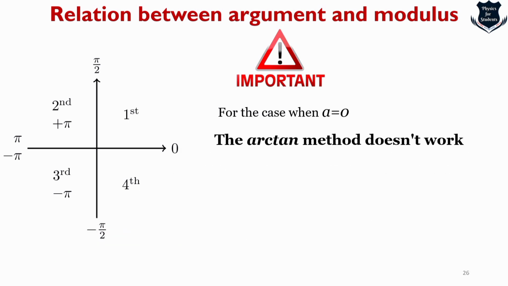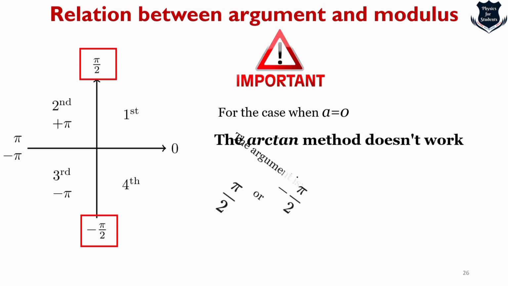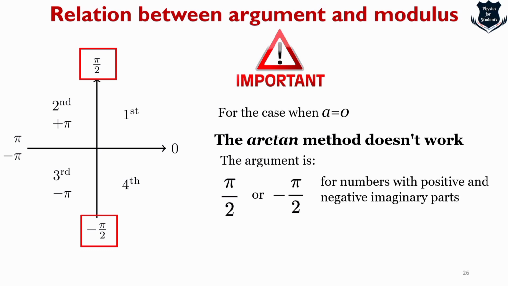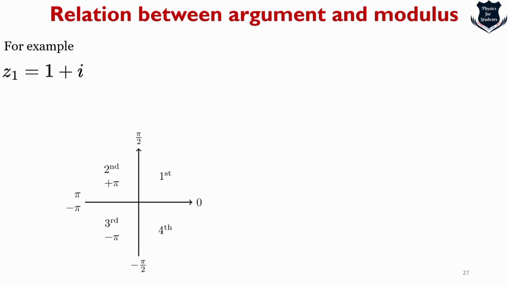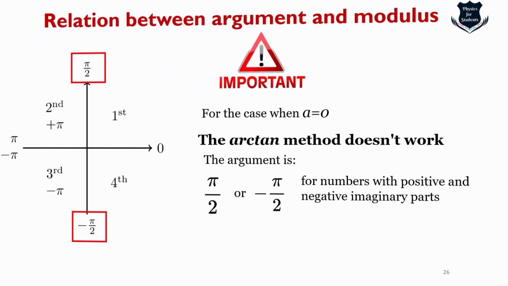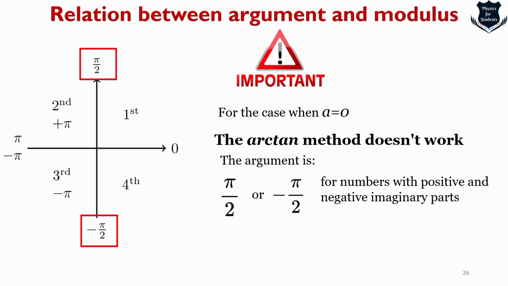The argument should be pi by 2 or minus pi by 2, for numbers with positive and negative imaginary parts respectively. So when a equals 0, the arctan method doesn't really work out.